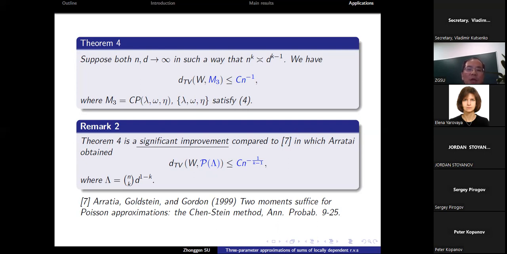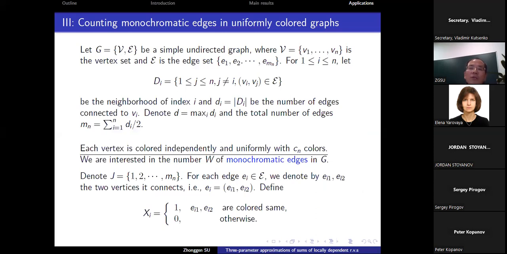They obtained this upper bound just using a one-parameter Poisson distribution. So our result is a significant improvement of their result. And the next application is counting monochromatic edges in uniformly colored graphs.